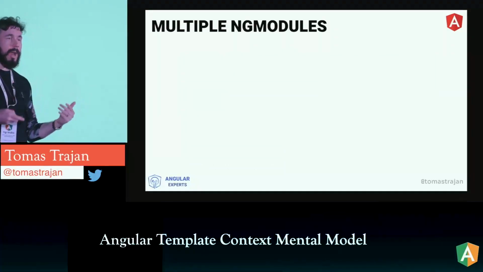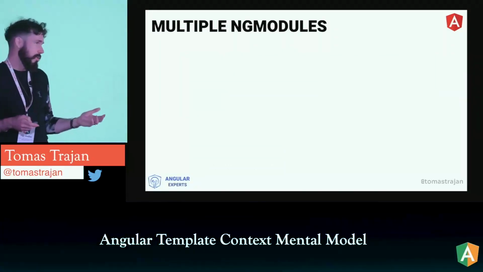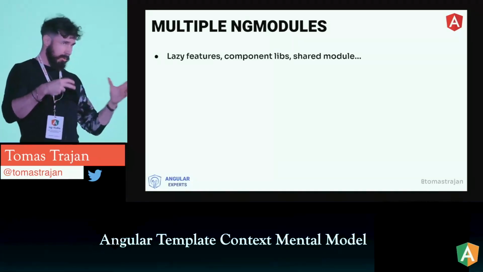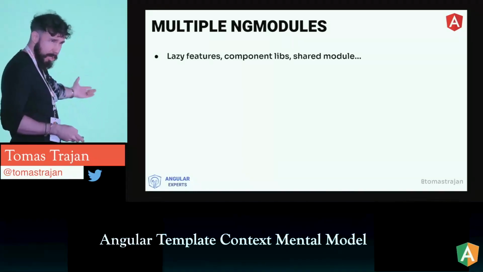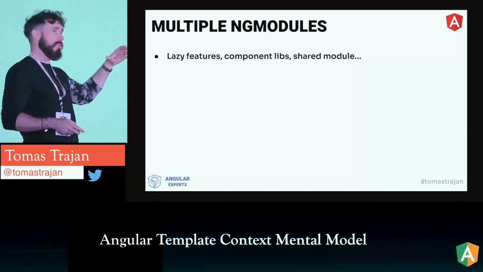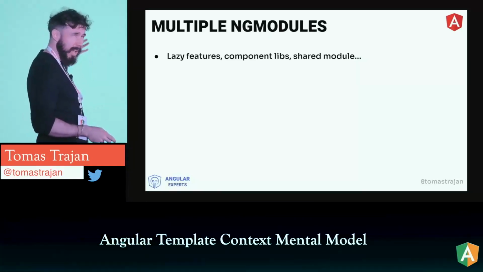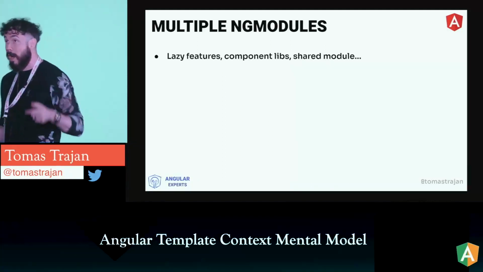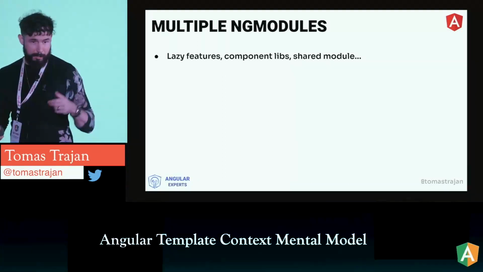And therefore in practice we often have applications which have more than one ngModule, right? The most typical other modules are lazy loaded features, or modules from third-party component libraries like Angular Material, Taiga UI, or PrimeNG, right?